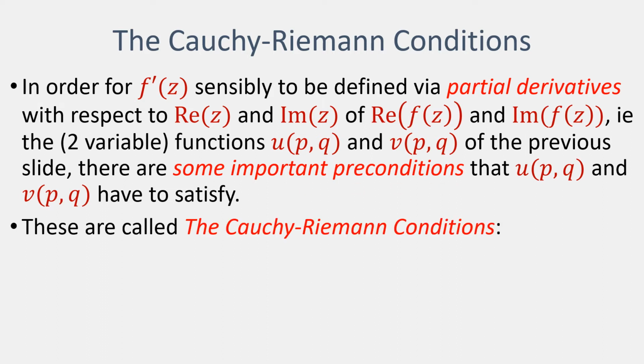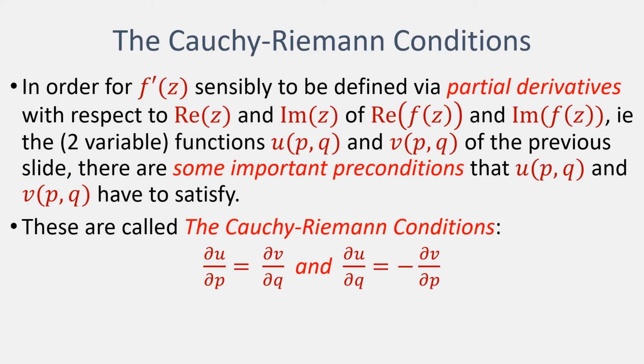And these are what are known as the Cauchy-Riemann conditions. And they state, if we look at the partial derivative of u with respect to p, that is exactly the same function as the partial derivative of v with respect to q.